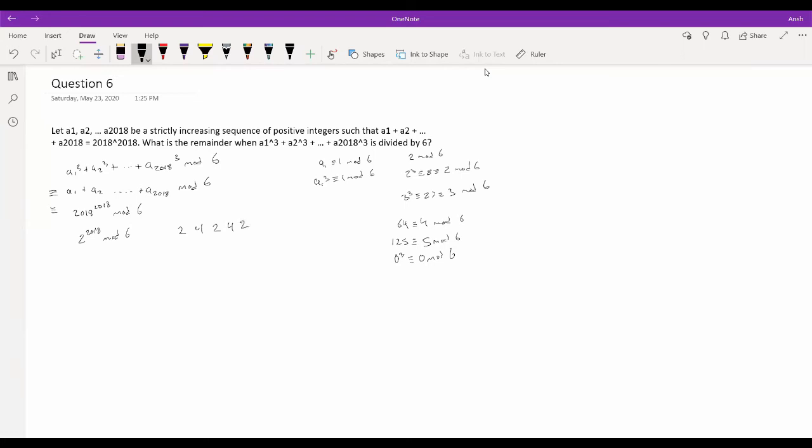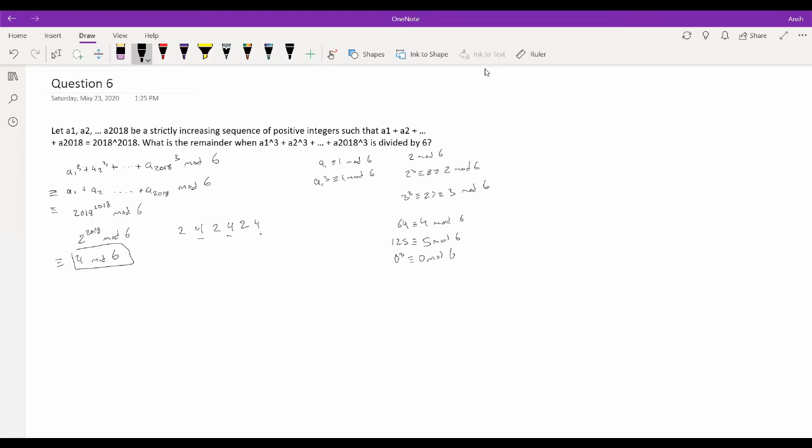So we can see that this alternates, right? So the even powers of 2 are 4 mod 6, and the odd powers of 2 are 2 mod 6. And we can see that 2018 is obviously even. So if we take an even power of 2 mod 6, we know that that's equal to 4. So we get our answer that this is 4.